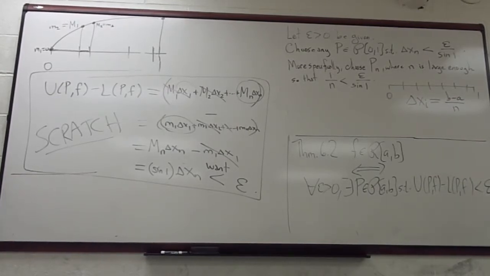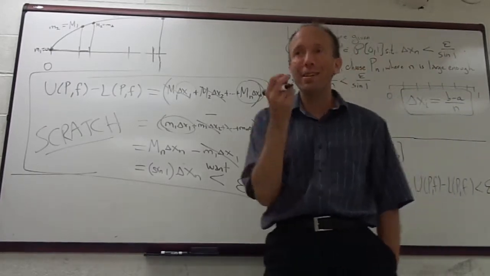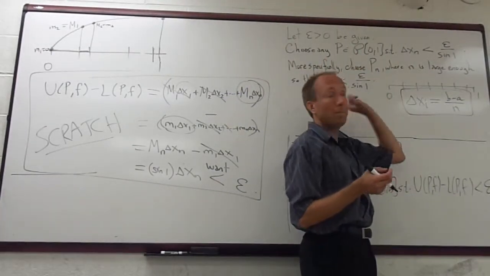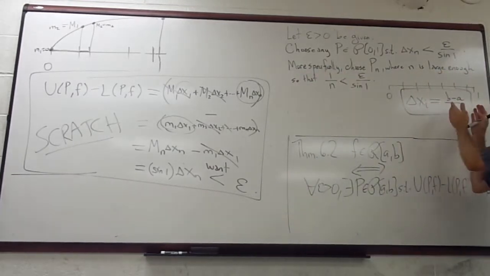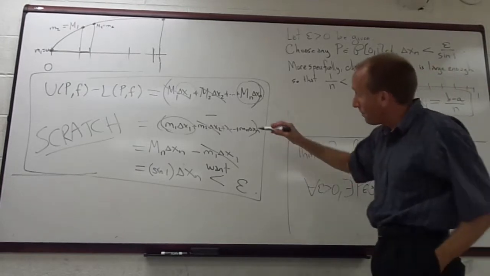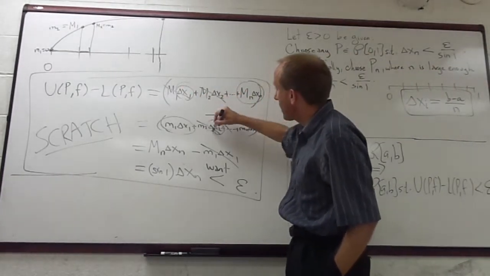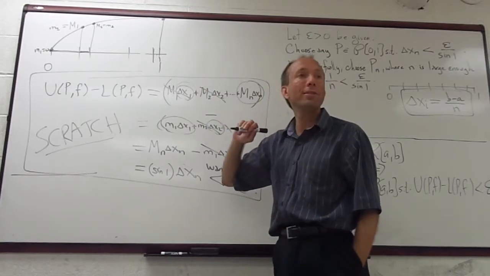Now this is not every possible partition that you could make, but this gives you a countably infinite family of partitions that are indexed by n. And the bigger n is, the smaller each of these subintervals is going to be. The idea is that all of these delta xi's are the same, so when you subtract, they really do cancel.